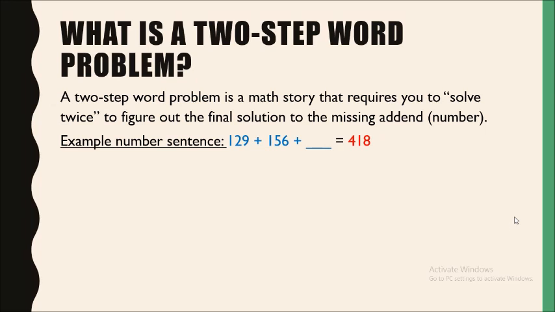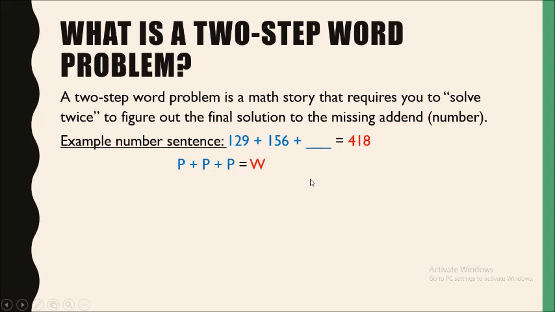129 plus 156 plus blank equals 418. In this sentence, you can see three numbers, plus symbols, and a blank to represent the missing number.